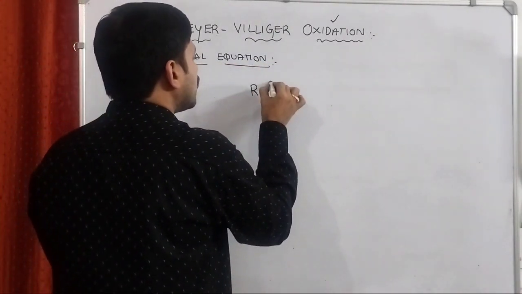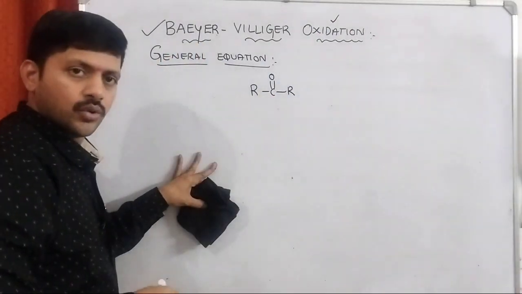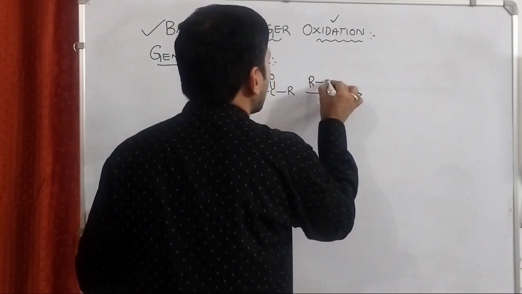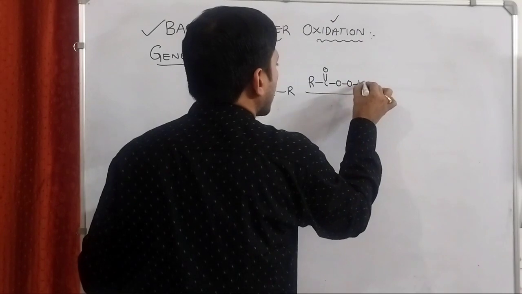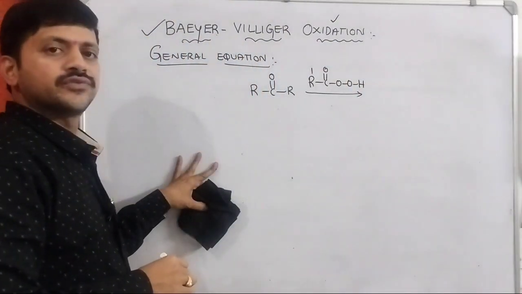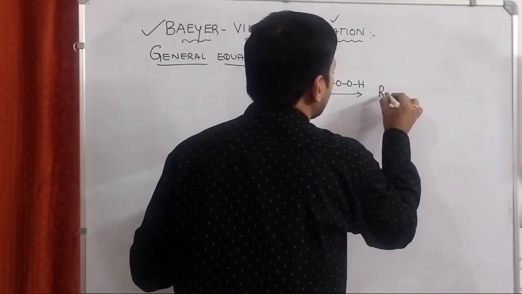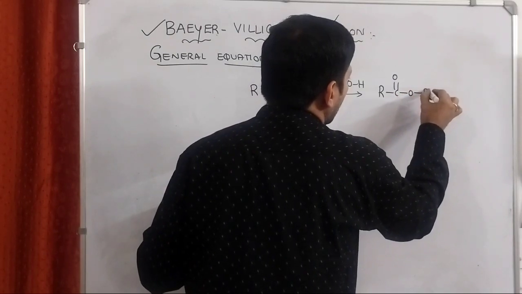The general formula of ketone is RC double bond OR dash, which is going to be treated with RC double bond OOH. It can create a compound called RC double bond OR.